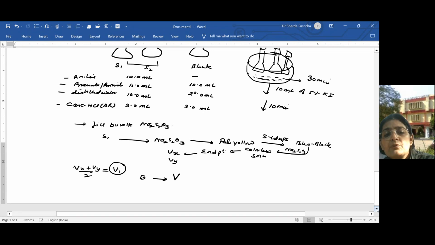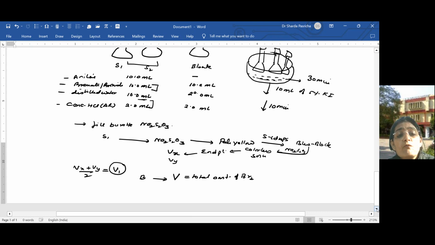The volume that you get here is V, that is the total amount of bromine which is generated when you have added 10 ml of bromate-bromide in water with HCl.